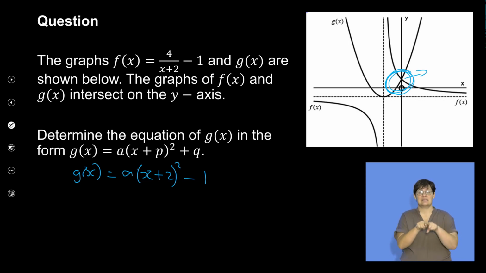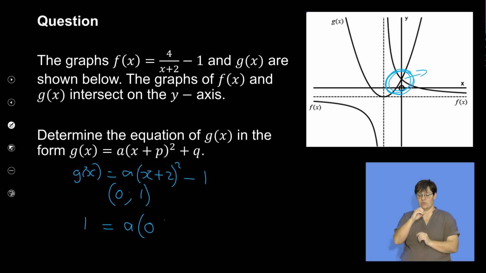And that point will be the same as the y-intercept of the graph of f. And for it to be the y-intercept, it means x will be 0, so it will be 4 over 2 minus 1, which is 2 minus 1. So the y-intercept is 0 and 1, which is 1 is equals to a into 0 plus 2 all squared minus 1.